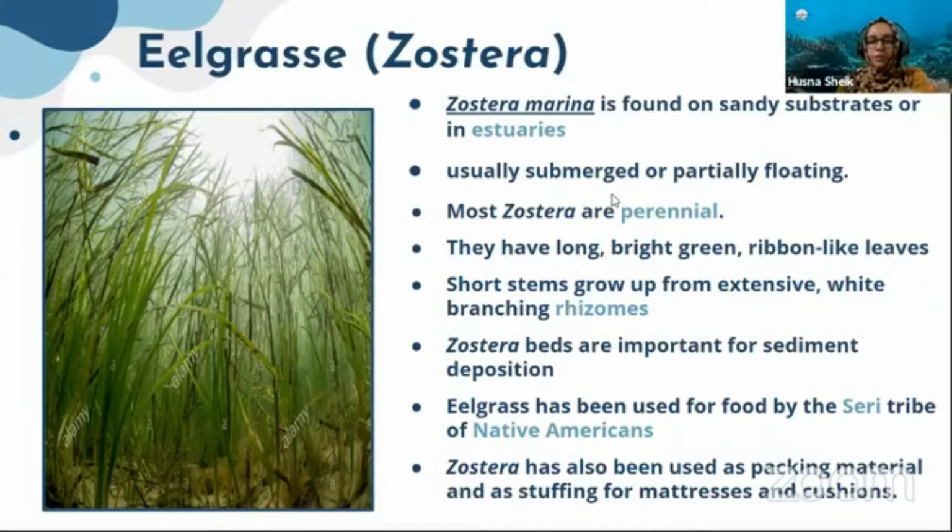This kind of seagrass is found on sandy substrates, or estuaries, and they are submerged or partially floating. You can see a small part of the leaves coming out of the water column, but most of the body is submerged. They are perennial, so they can live more than 2 years.